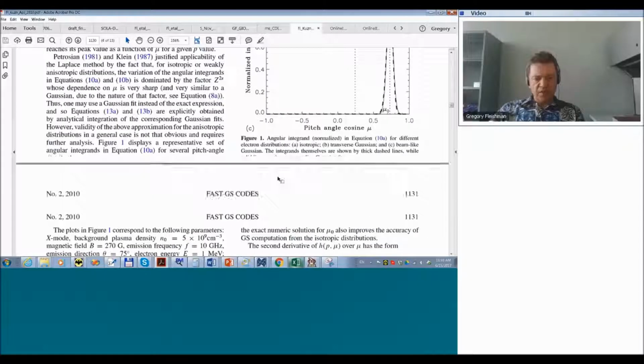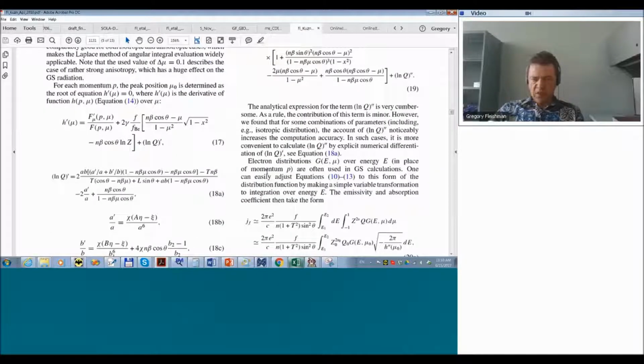In terms of this equation, what happened last year is that we neglected this term, and this term, and this term, and after that the equation reduced to just this combination equal to 0, and this mu is the analytical mu naught pk, where mu naught pk equals n beta times cos theta. So that is the simple analytical solution which is implemented now.